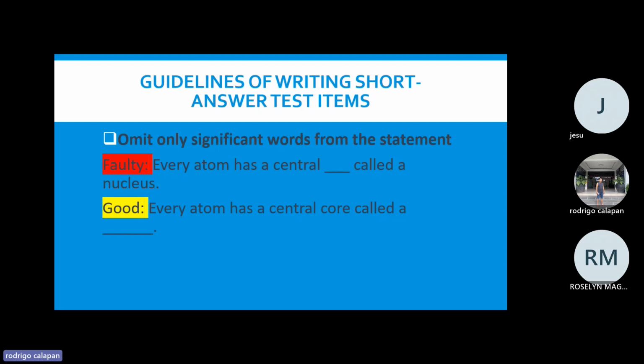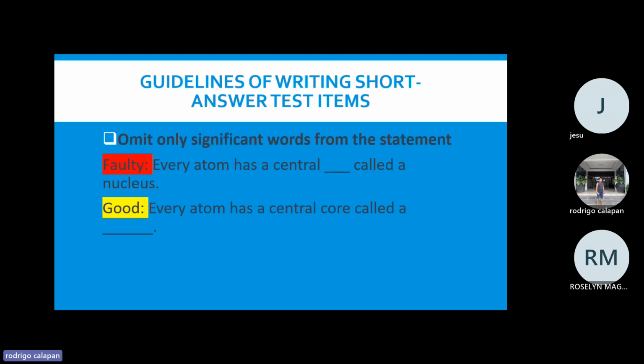The good short answer test is every atom has a central core called a blank. So in item 1, the word core is not a significant word. So the item is also prone to many and varied interpretations, resulting in many possible answers. So you have to omit only significant words from the statement.